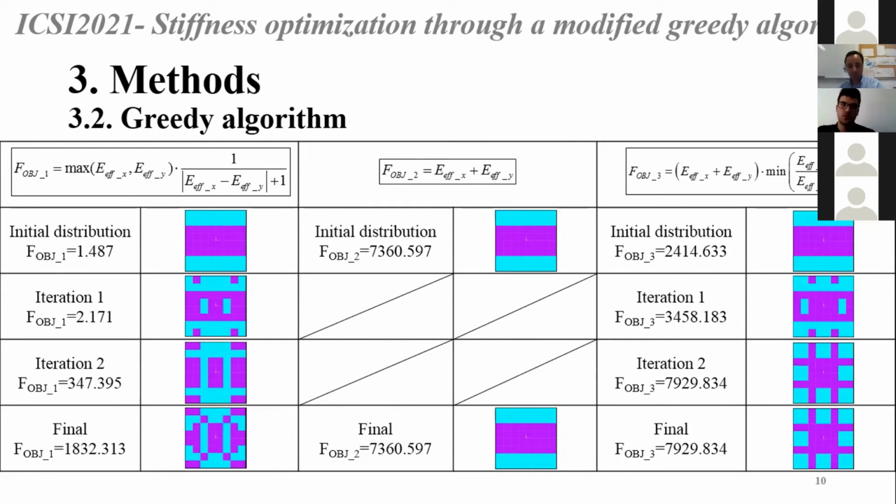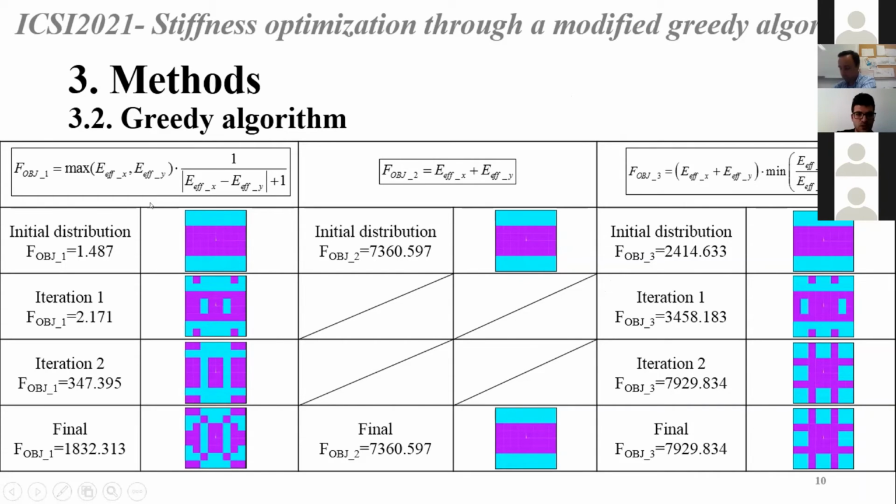So we said that choosing an objective function for the algorithm is a very important part of the optimization process, because it dictates which next step is the best to take. We tried 3 different formulations and tested how they influence the results, and we have the results here.